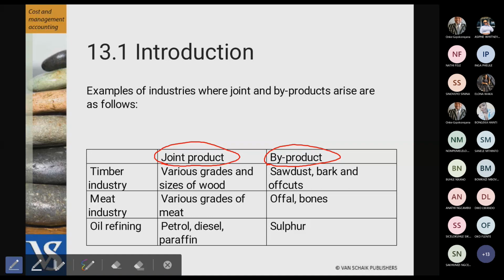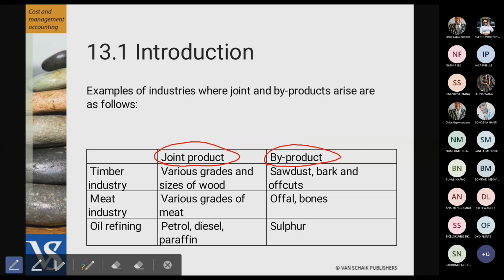Then again, we've got a byproduct: the sawdust and the offcuts that we have. As they are sawing this wood, the dust that comes out of there, they can make a certain product out of that sawdust instead of throwing it away.